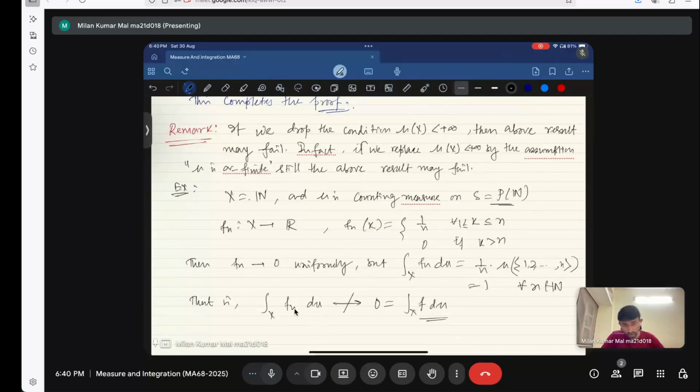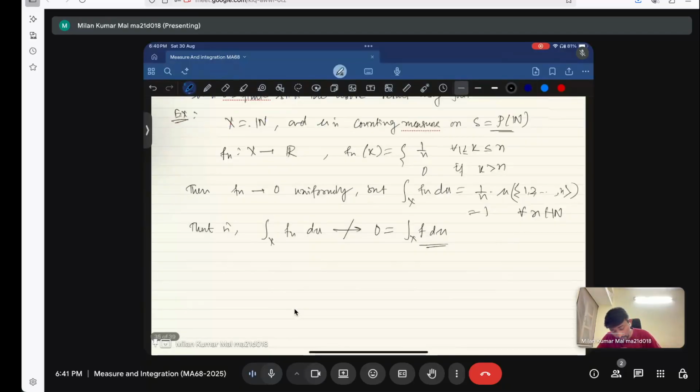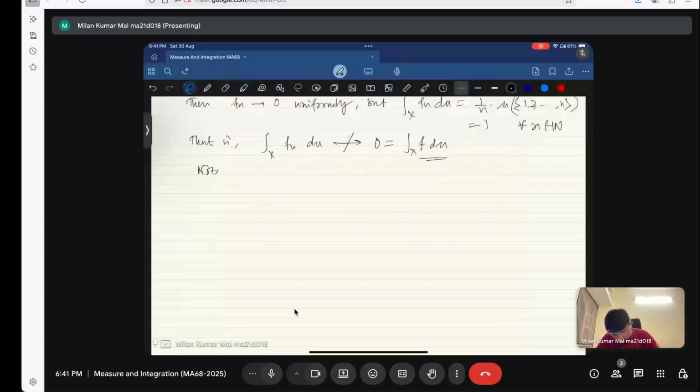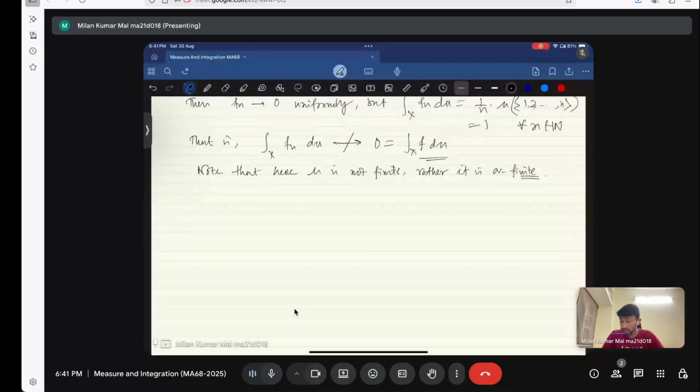So note that here mu is not finite; rather, it is sigma finite. Okay, so this will settle this issue.